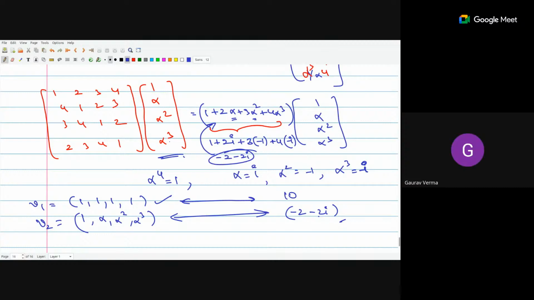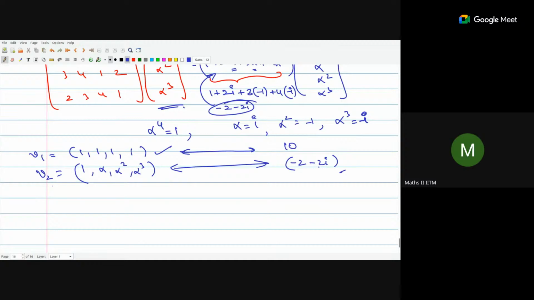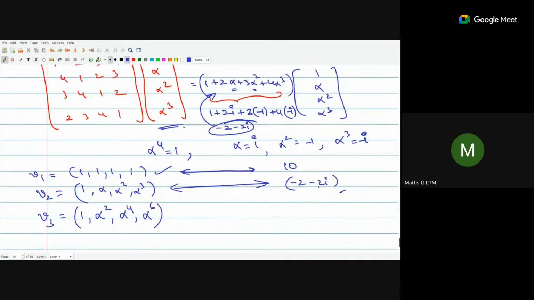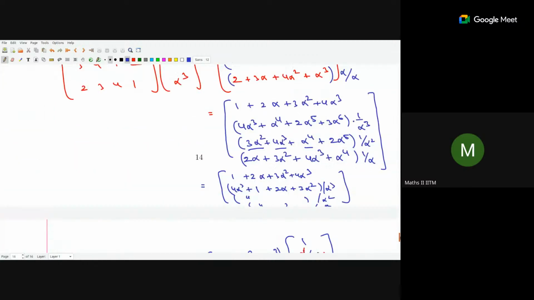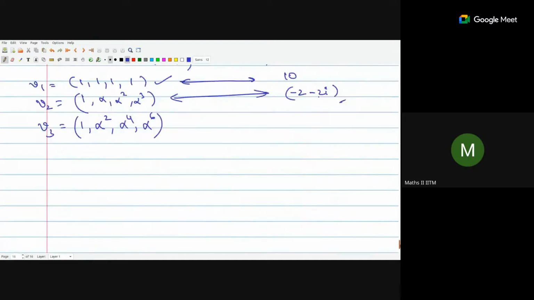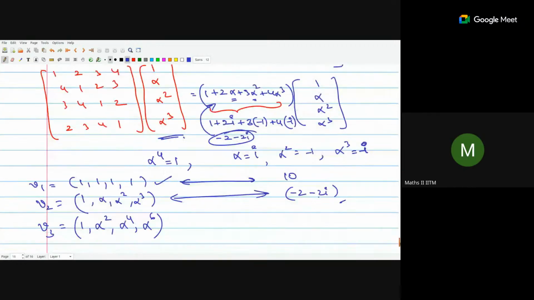Not only this vector, it turns out that the third vector, which is just the squares of this, 1, alpha square, alpha power 4, alpha power 6, will also be an eigenvector. Again, if you want to cross check, you put it here and do these manipulations, and you will finally see that this is an eigenvector with its corresponding eigenvalue.